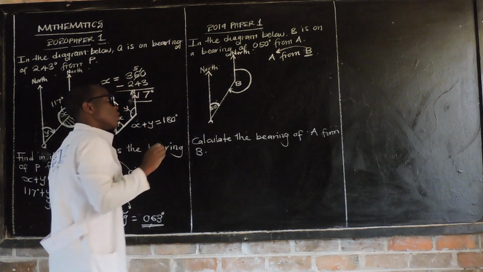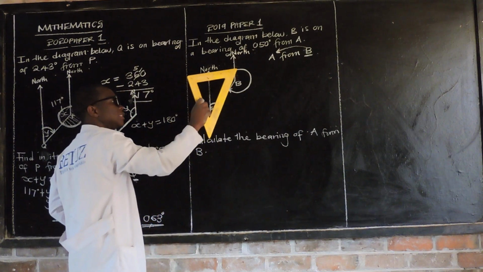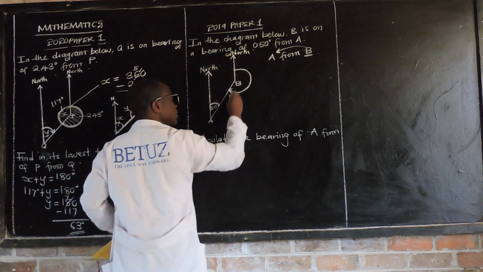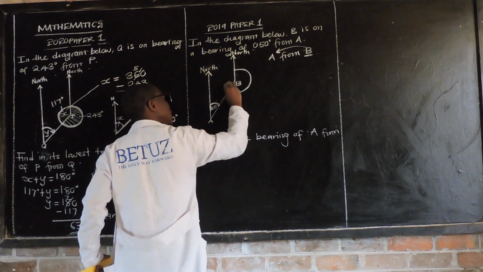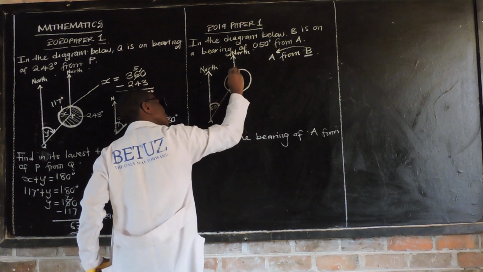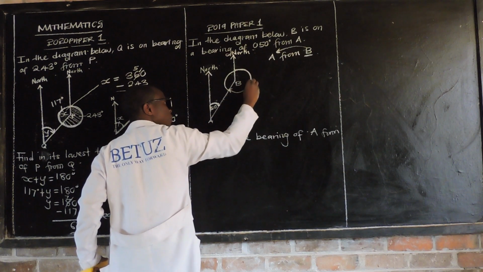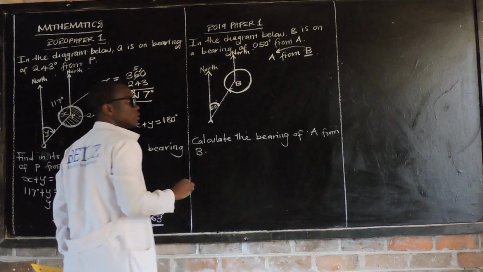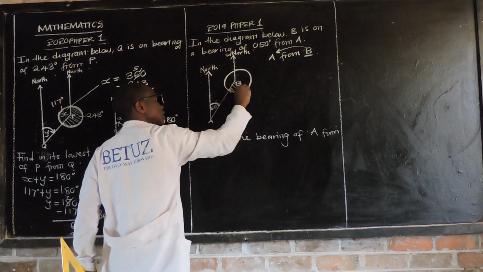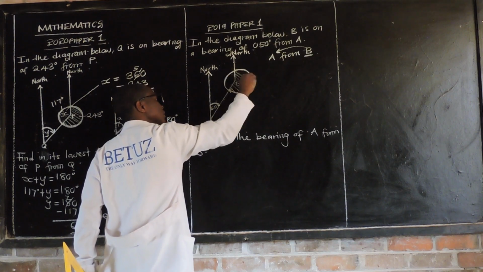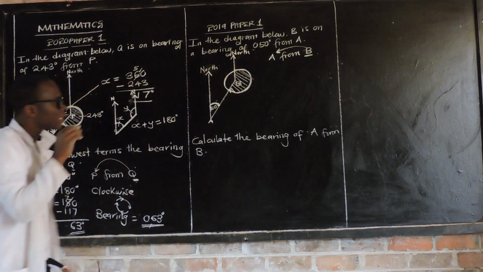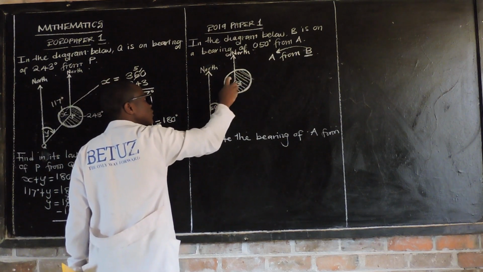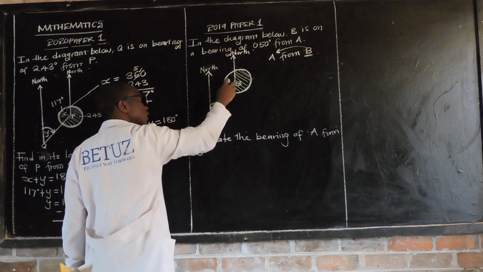Now, we cannot know this amount of turning without knowing this angle. So we first need to extend this line, and we come up with a circle. What we want is this part, the amount of turning they want. So let us find this angle.